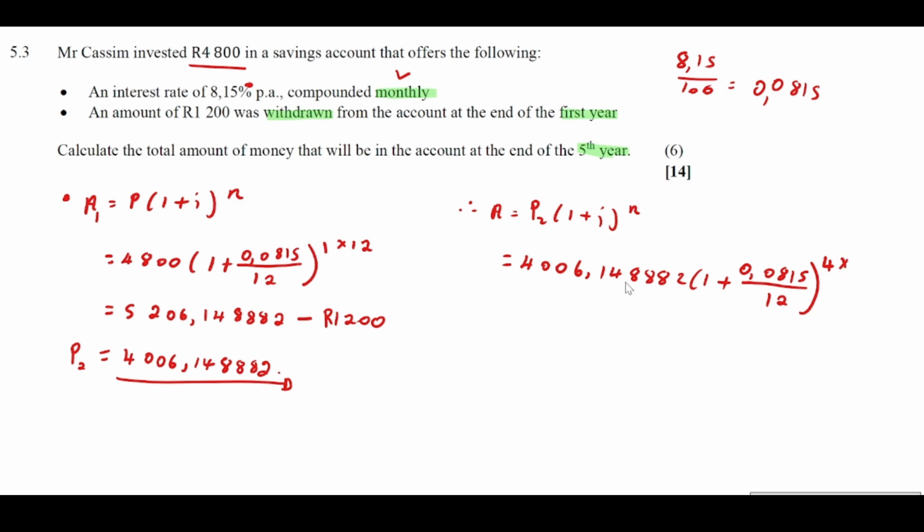We're going to multiply this by 12, and then our final answer is going to be R5,544.07. Let me put an R there to indicate that we are dealing with money here. So that is the value of A after 5 years.